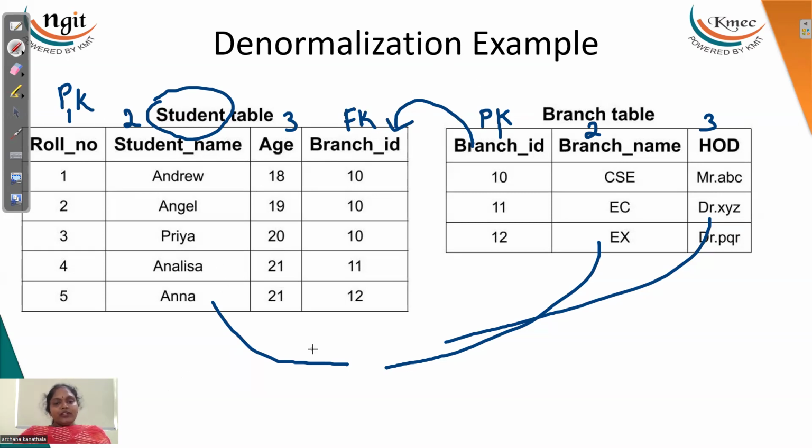To retrieve information from more than one table, we need to write queries using joins. Joins are a complex operation implemented in the background, which consumes a lot of query processor time and access time.